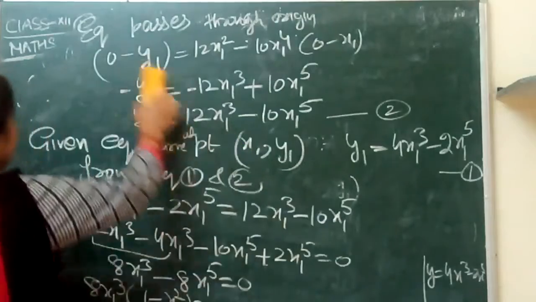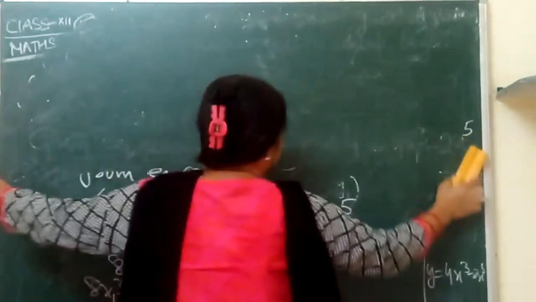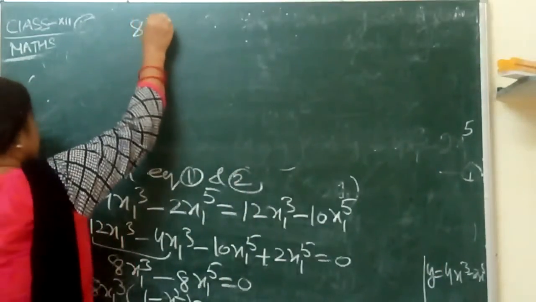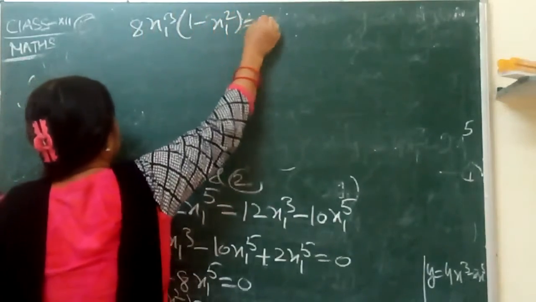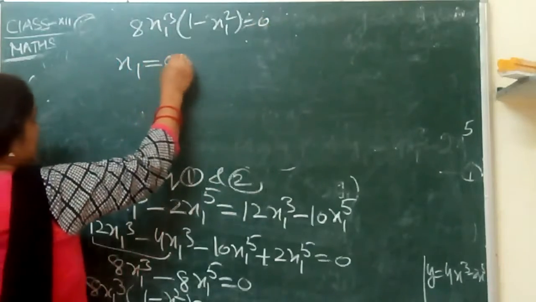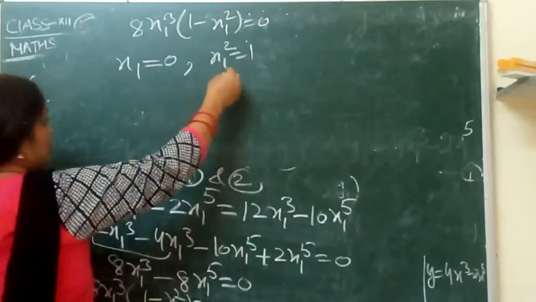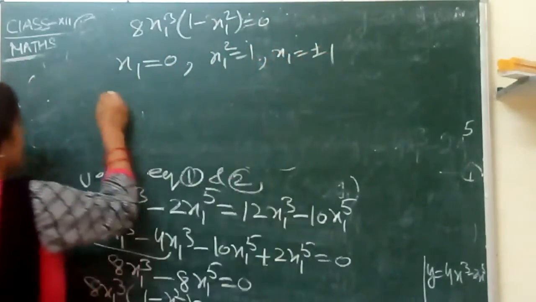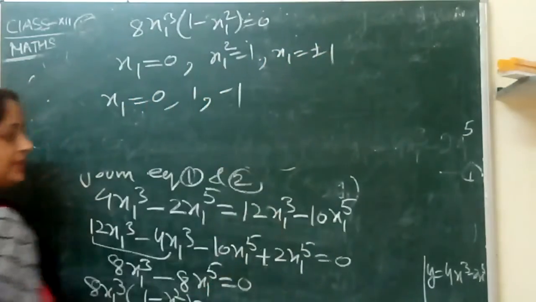So 8x1 cube into 1 minus x1 square equal to 0. So it will come x1 equal to 0, and the second point x1 square equal to 1, so it means x1 equal to plus minus 1. Now the values of x1 are 0, 1, minus 1.